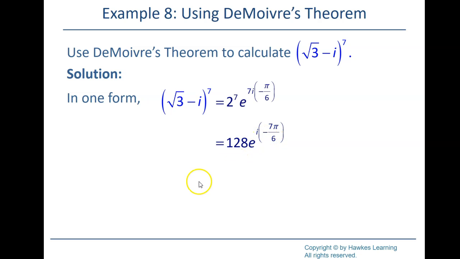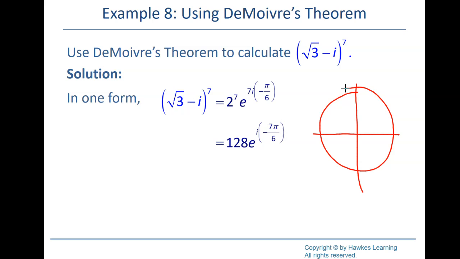Alright, and then just on a unit circle, if you look on your unit circle, there is, if you look, this is pi, this is 5 pi over 6, and this is 7 pi over 6.